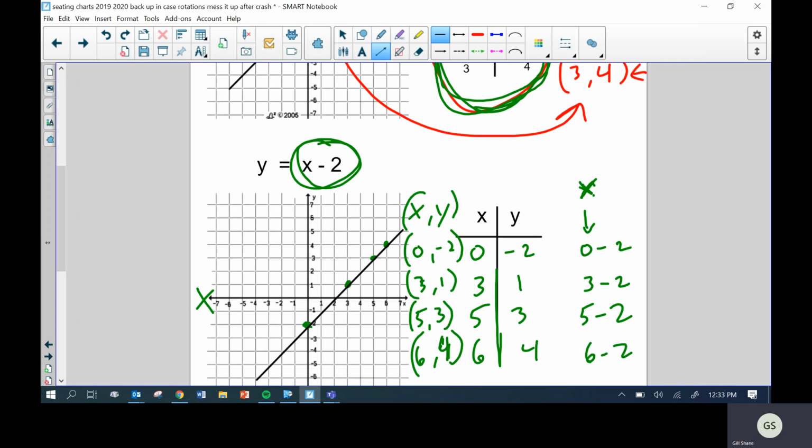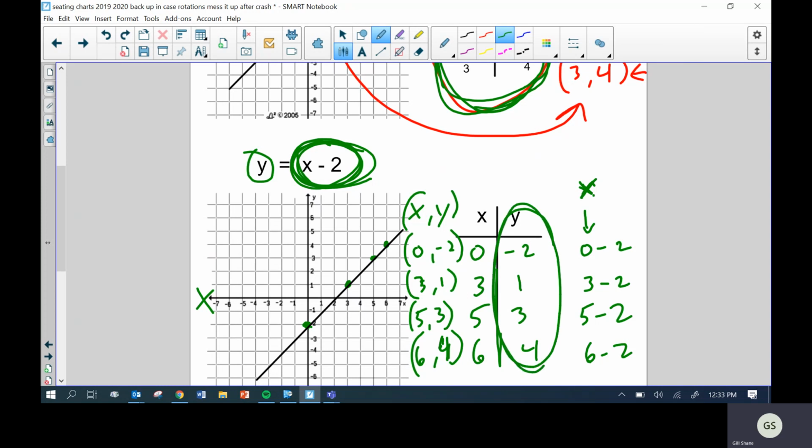Once you've selected a value for x, you just plug it into the equation, which is this part right here, and you solve for y. And that's how we get all of these values right here, is by solving for y.